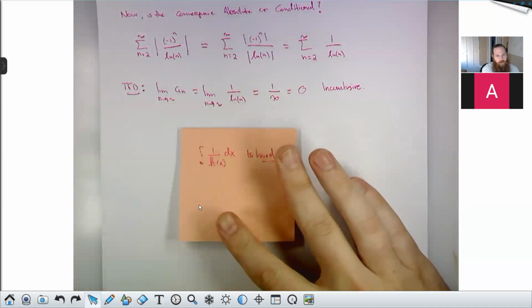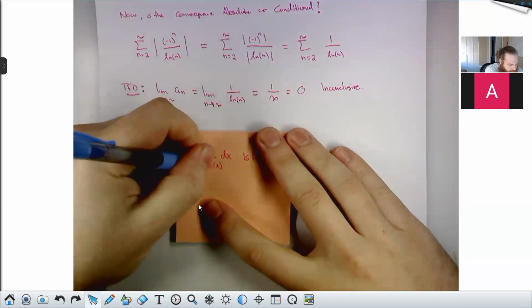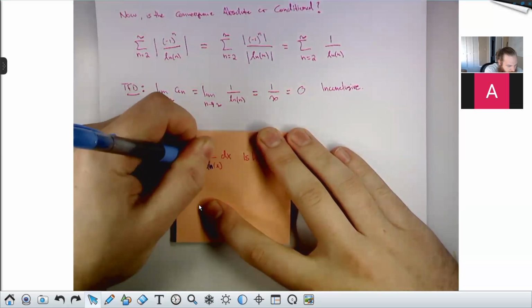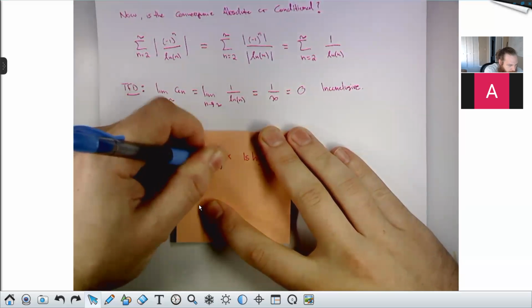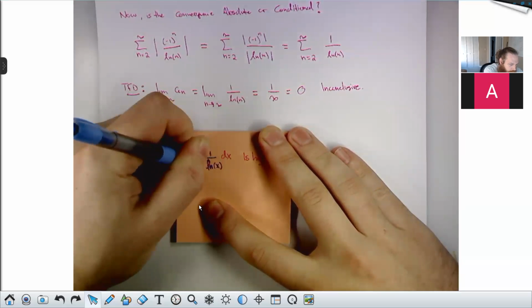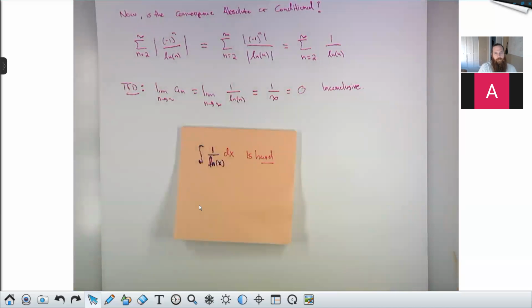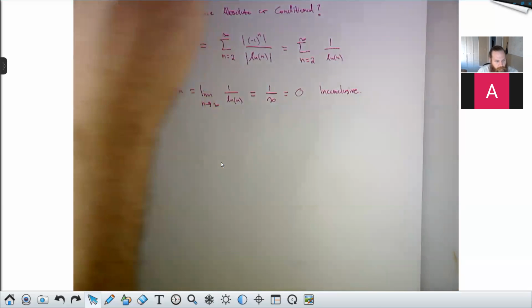But this is a hard integral. That's a natural log of x down there. I'm not saying that the integral is totally unmanageable. You can show that this integral does something, but actually calculating an antiderivative there is very hard.